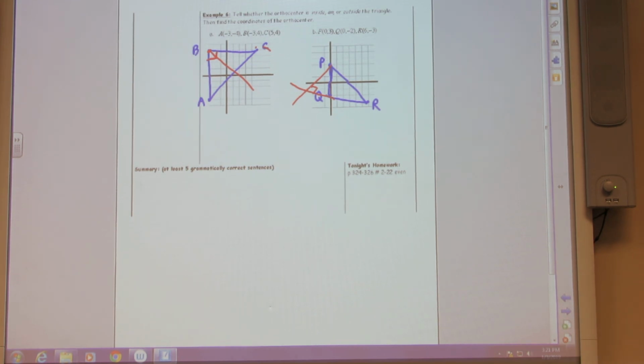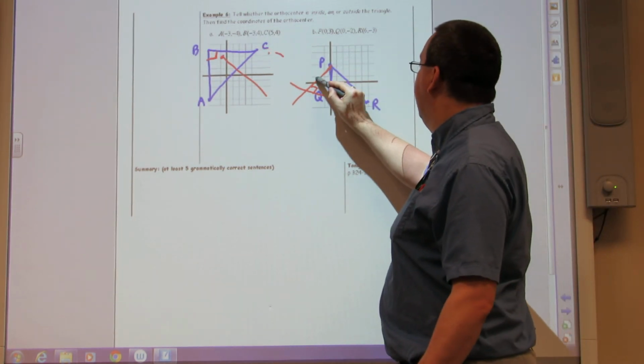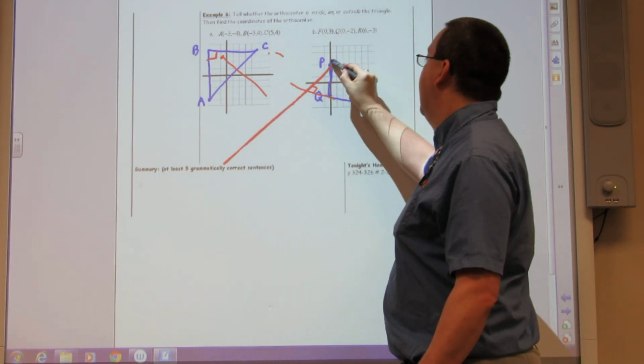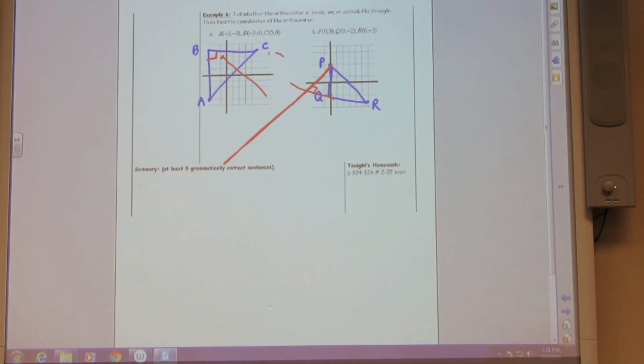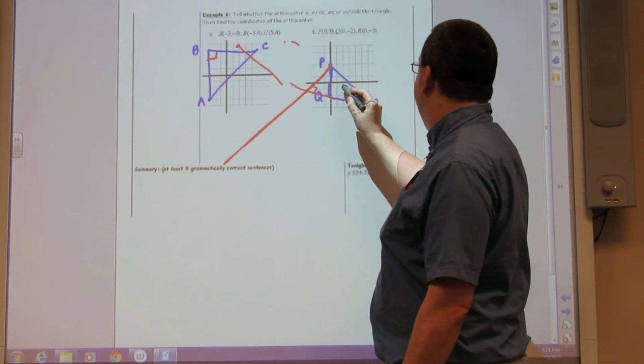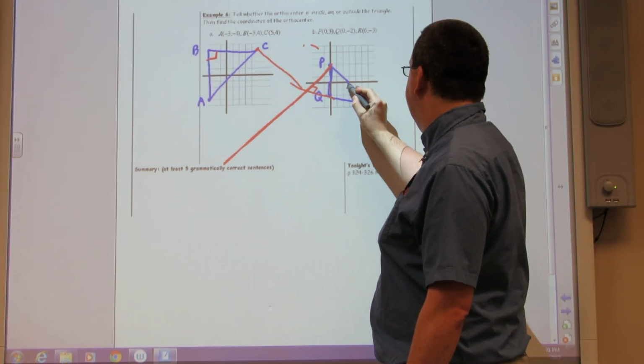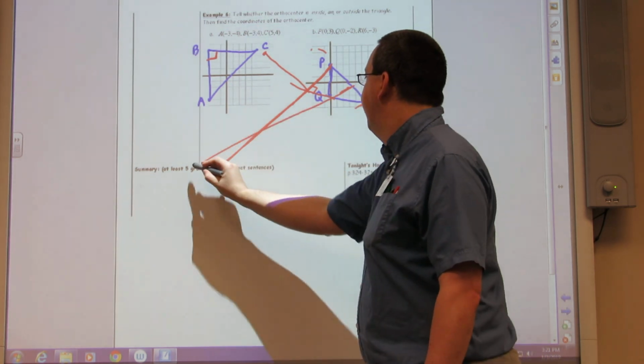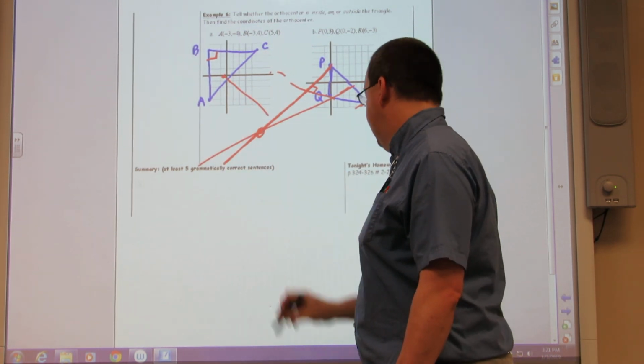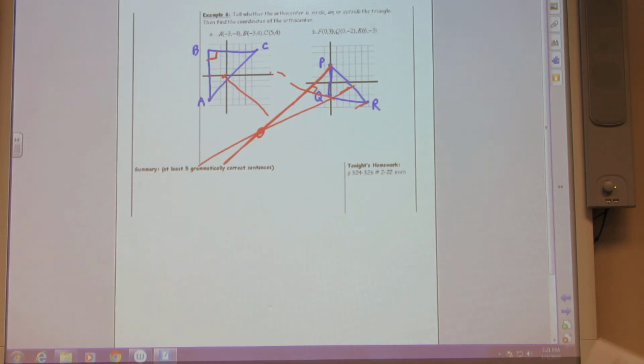I'm looking at this line here that extends down, and wherever that hits one of the other ones. So if you're looking for something like this, my suggestion for what we're doing in this class is estimate where it would hit one of the other lines at 90 degrees. So for me, I think this would hit at 90 about there. I come down that way. That is approximately where my orthocenter is.